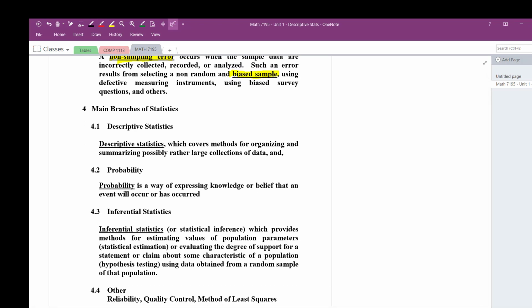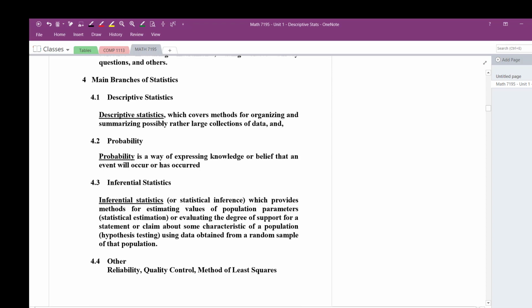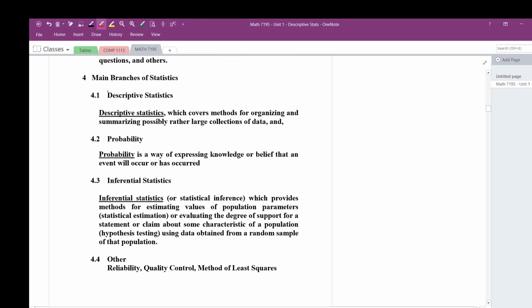There are a few branches of statistics. We start out the course discussing descriptive statistics. That's basically much of what Unit 1 here is all about, where we're mostly summarizing data and collecting it, coming up with different ways of organizing it. We're not looking too much at the interpretation as much as just the raw collection and organization.